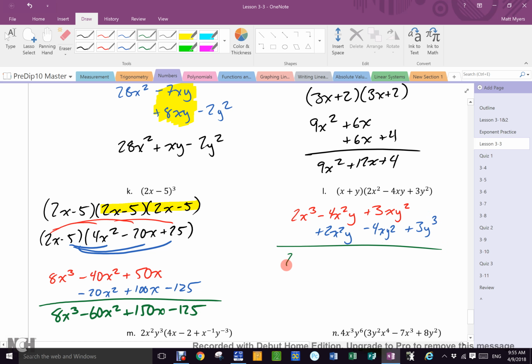Collect your like terms: 2x cubed minus 2x squared y minus 1xy squared plus 3y cubed.